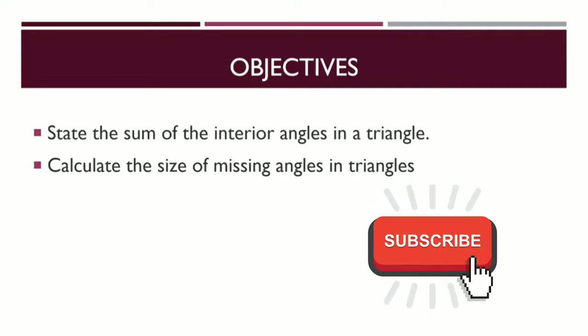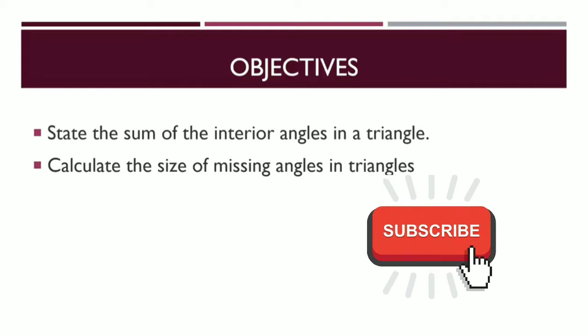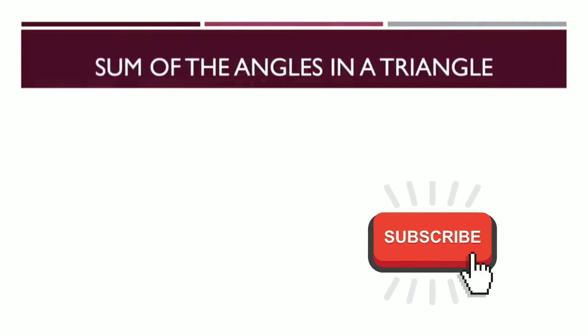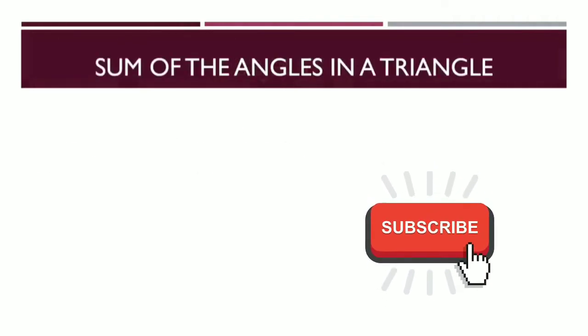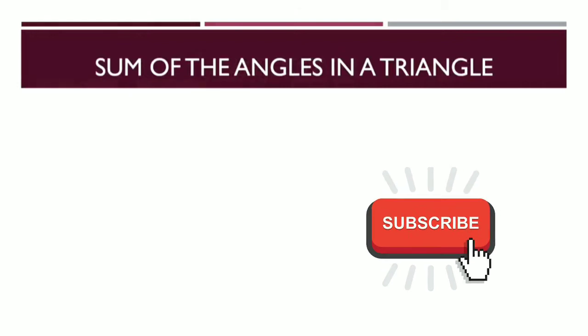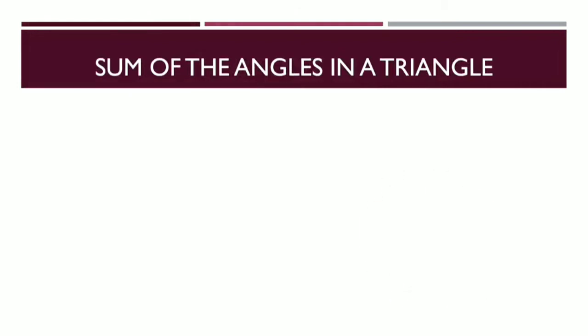So when you think of the sum of the angles inside a triangle, how much would that be? I'm hoping you already know it and you can put it in the comment below. I'm giving you 5 seconds to do that if you know the sum of the angles in a triangle. All right, and it's coming up on screen any moment now.